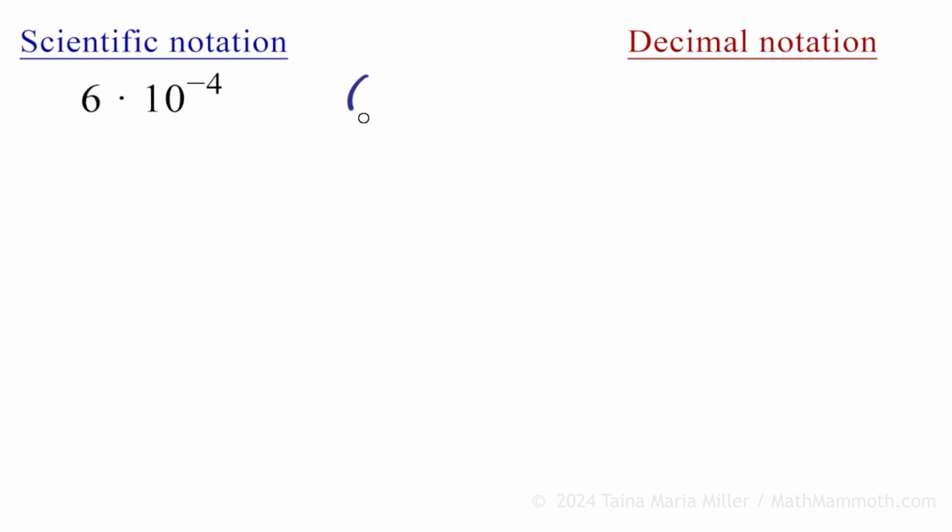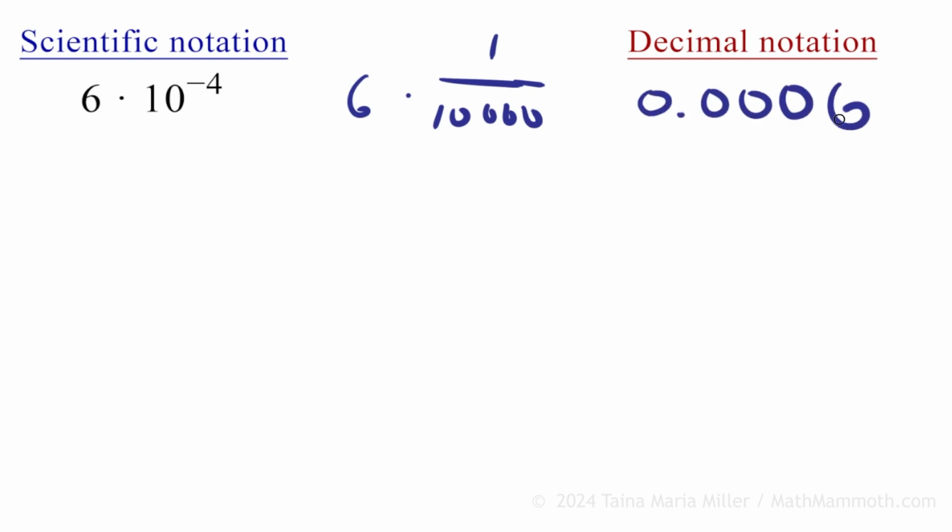So we would get 6 times 1 over 10,000 as a fraction, but as a decimal, we can think of a shortcut. It will be the 4th decimal that will have the value 6. Okay, 1, 2, 3, 4. See, this is 10,000ths. Here we have tenths, hundredths, thousandths, and 10,000ths.